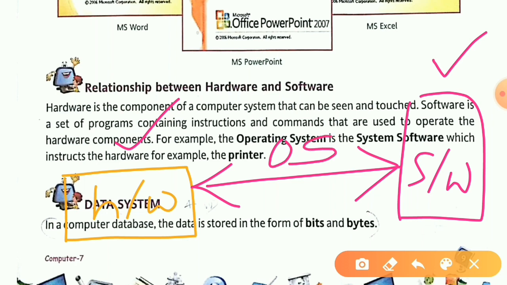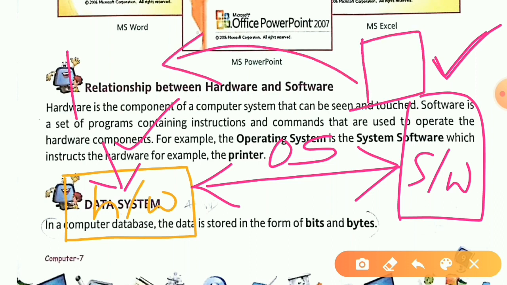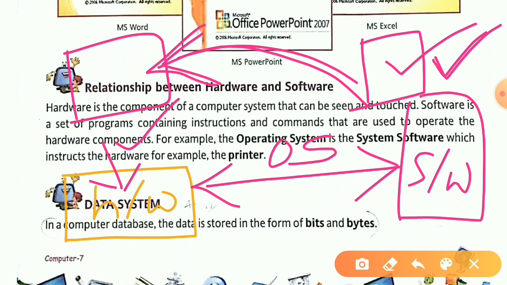Likewise, you want to type something from your keyboard, and you want your software to reflect the same for you. Or you have a certain software and you want to do printing over this printer. You give a command from your computer, and it reflects directly to your printer. This link is provided by the software.